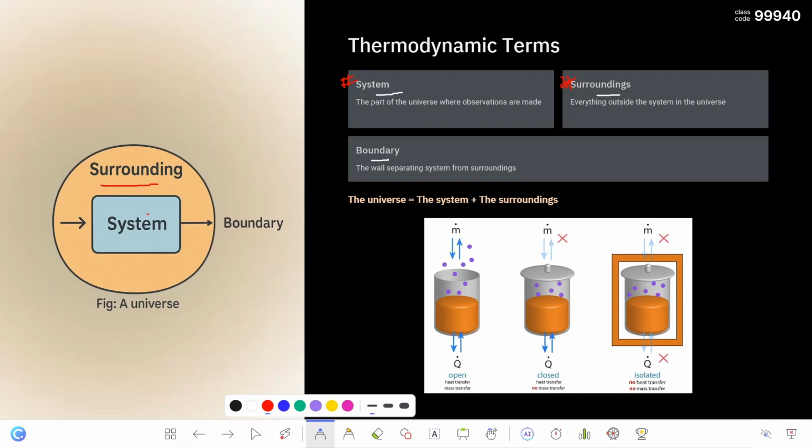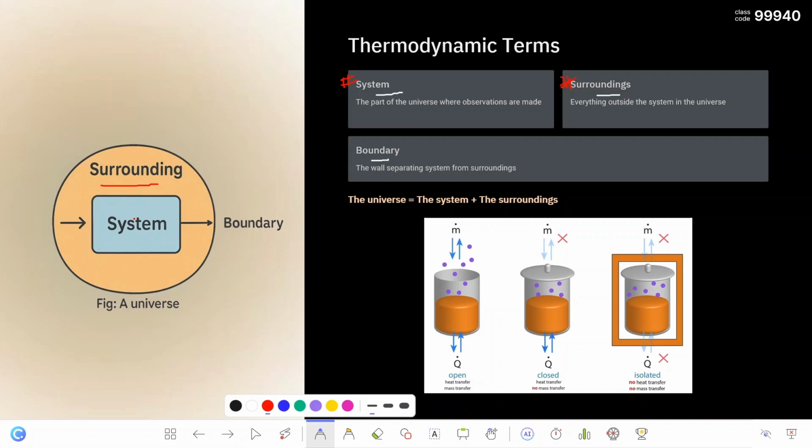But one thing we need to know: the entire universe other than the system is not affected by the changes taking place in the system. If we take a glass of water, the changes happening there do not affect the entire universe. Actually, the surroundings is that portion of the remaining universe which is in interaction with the system.